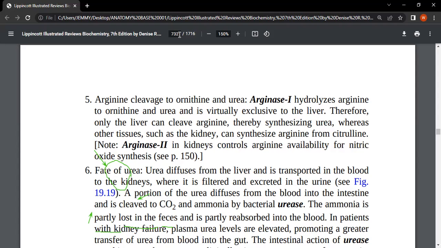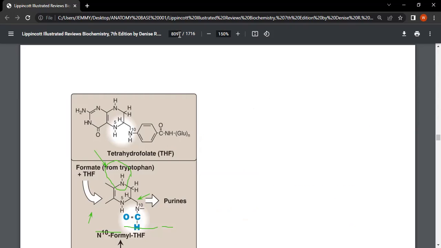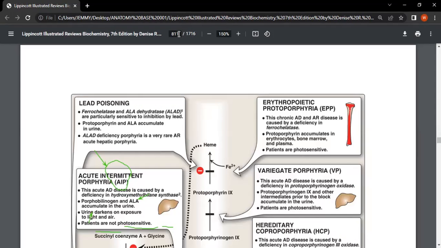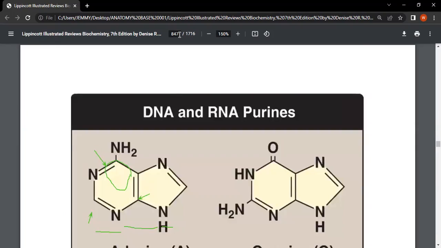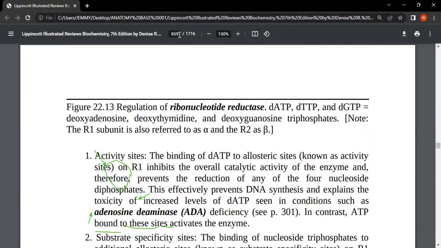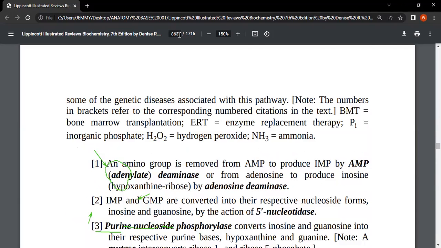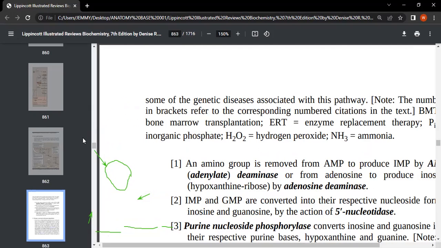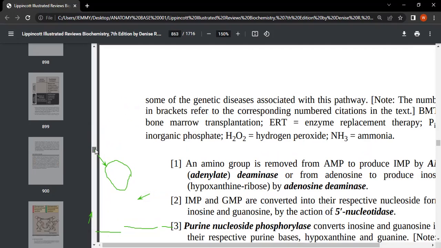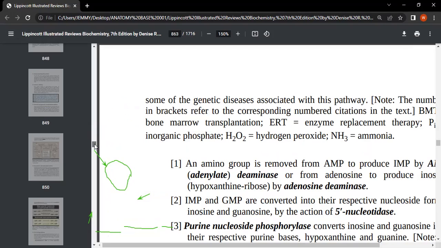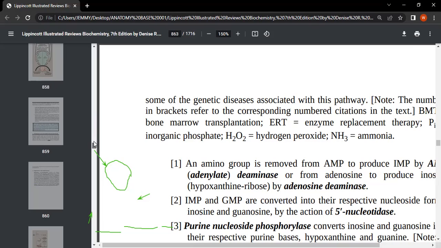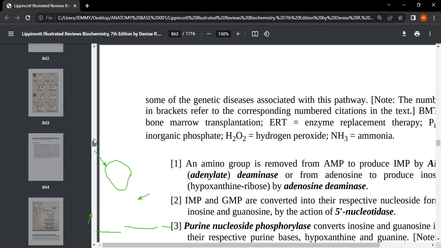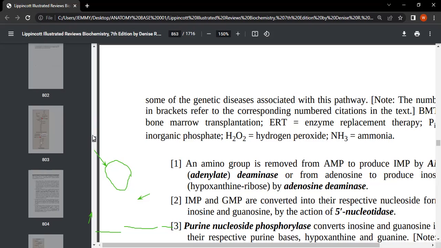I wanted to show you something about how some disease processes affect this methionine metabolism, because it is affected by some diseases which are of great importance to us.